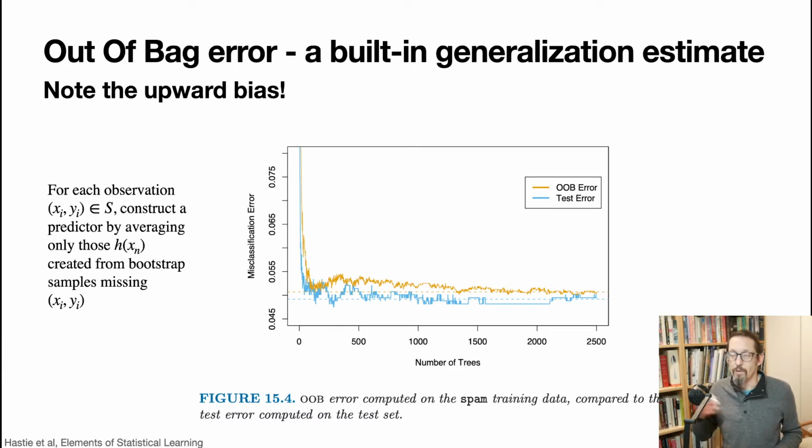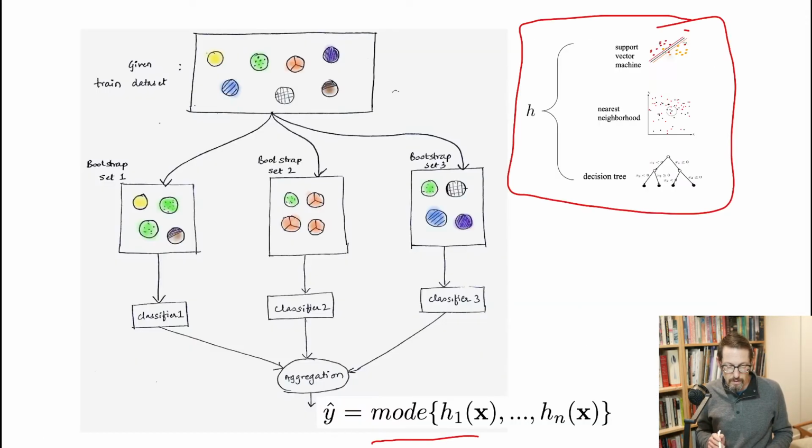Okay? So that aside, once you've done this bagging, you have an interesting situation. And why is that? Well, let's go back here. So what is not in our exemplar data set? Well, this one's not, and this one's not. This one's not, and this one's not, and this one's not.